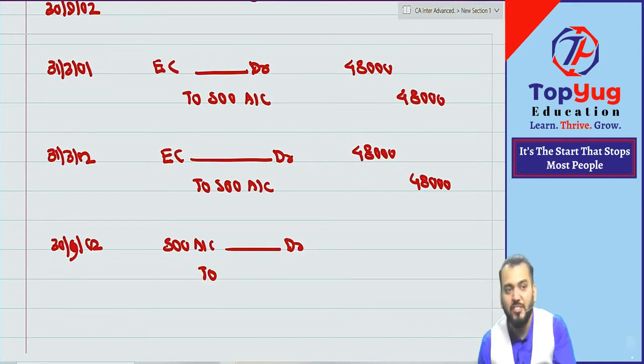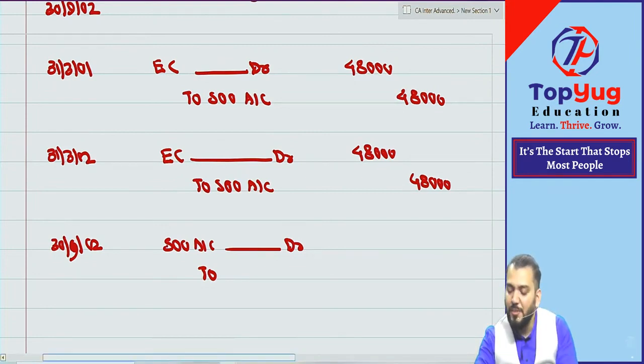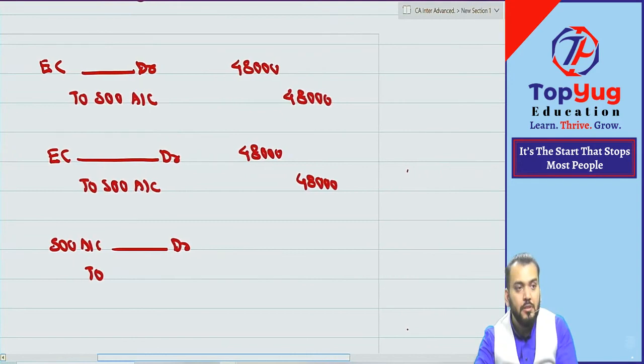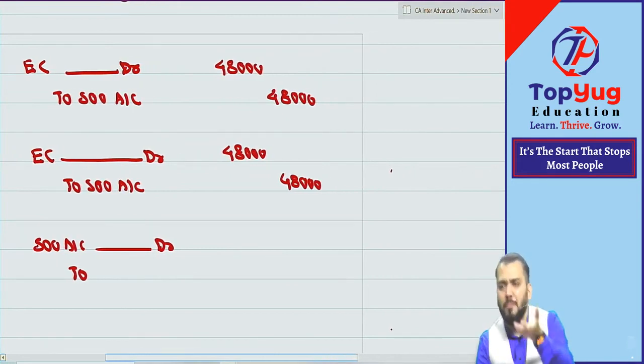In AS5 we will discuss changes in accounting estimate. Whenever the estimation changes, for example, you know about provision for doubtful debt. You have done it in childhood. That is also one type of estimation, that this much bad debt will happen.